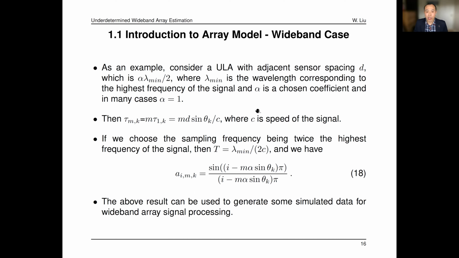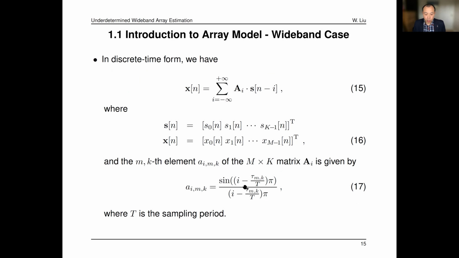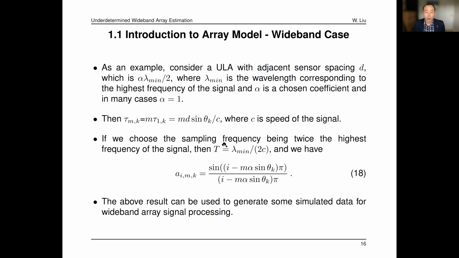As an example, we consider a ULA. I want to give you a more specific expression for this sinc function. For a uniform linear array with adjacent sensor spacing d, which is alpha times lambda_min over 2, where lambda_min is the wavelength corresponding to the highest frequency of the signal and alpha is the chosen coefficient, you can change the value of alpha if you want to adjust the spacing. In many cases we choose alpha equal to 1.